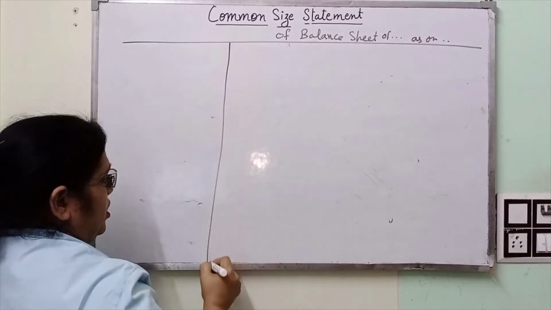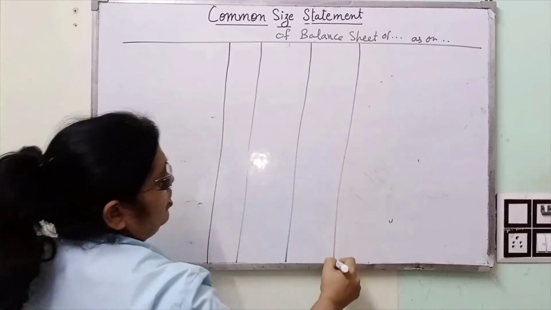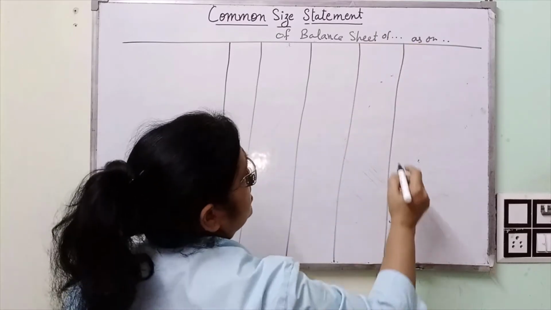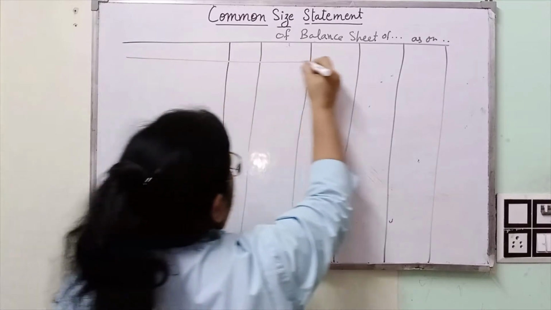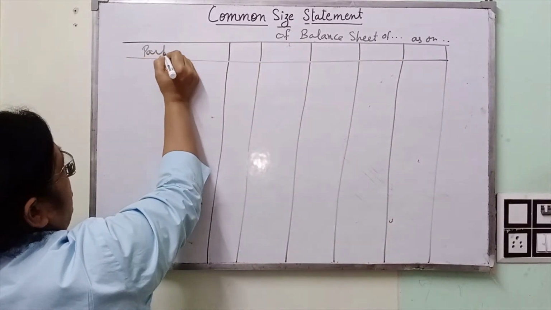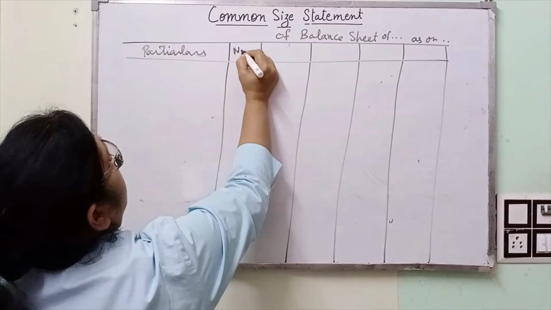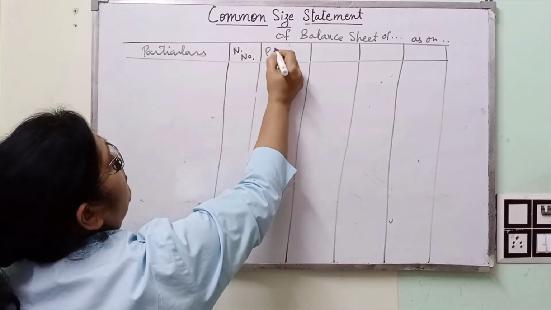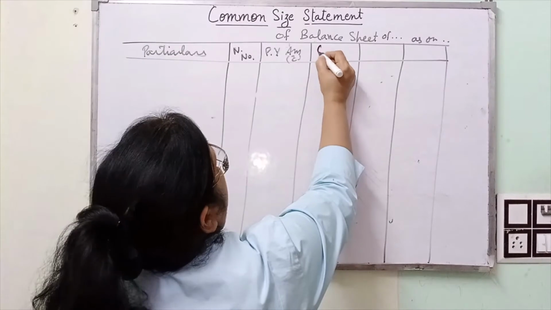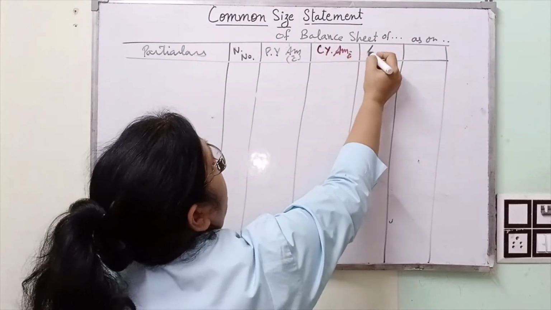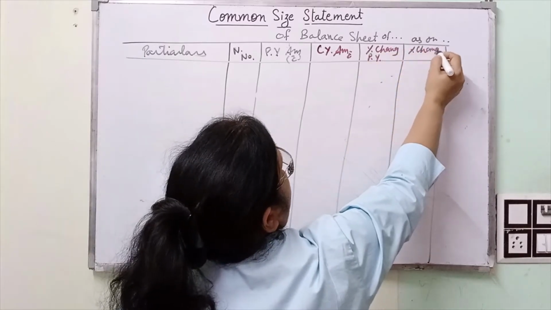First column is for particulars, then note number, previous year amount in rupees, current year amount in rupees, percentage change of previous year, percentage change of current year.